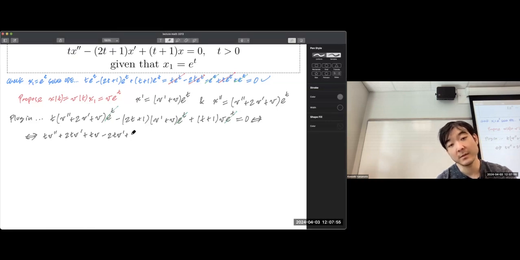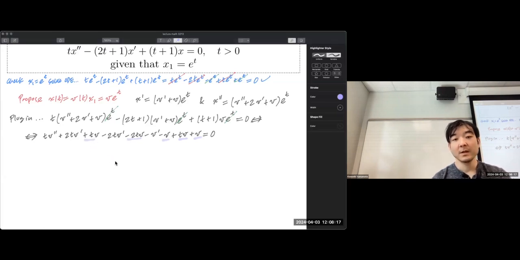There's a minus in the front, so I'm going to have to do 2tv minus v prime minus v plus tv plus v, equal to 0. I'm going to underline all the v terms. This is a v term, v term, v term, a v term, and a v term. So there's 1, 2, 3, 4, 5 v terms.